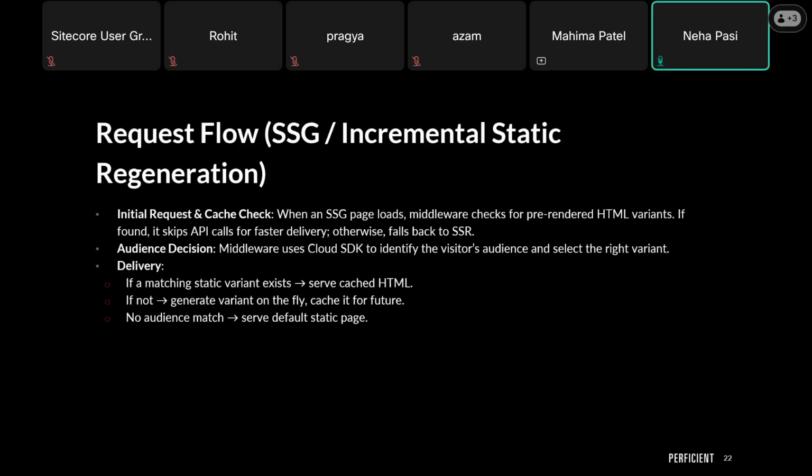But if there's no pre-rendered variant, then the flow falls back to the SSR behavior again: the API calls to identify the variant, and then another GraphQL query to get the JSON. At this time, this JSON would be cached for the subsequent request. And in case it does not find a matching variant in both the steps, it would fall back to the default variant of that page. I believe that is it.